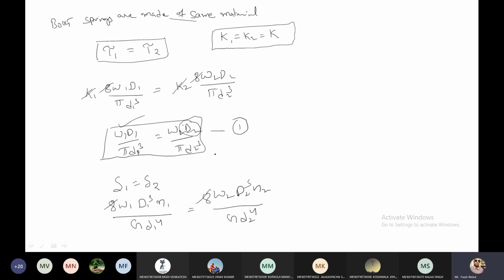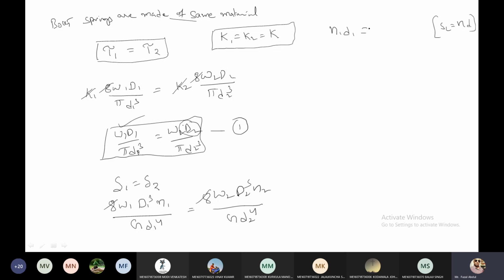This is the deflection equation. When the spring is totally compressed, the length is considered the solid length. The solid length of the spring is defined as N into D, a basic definition.